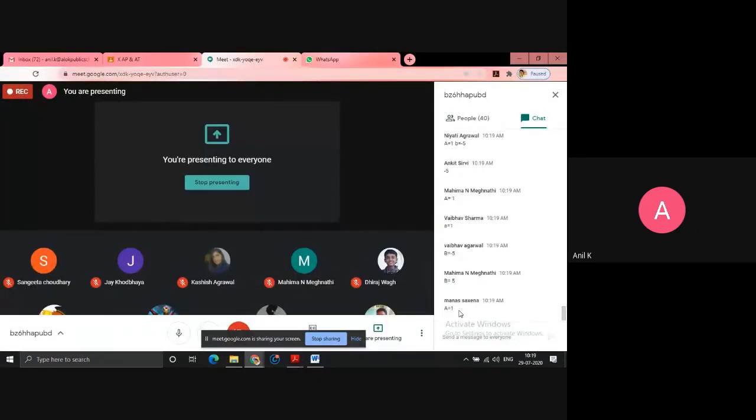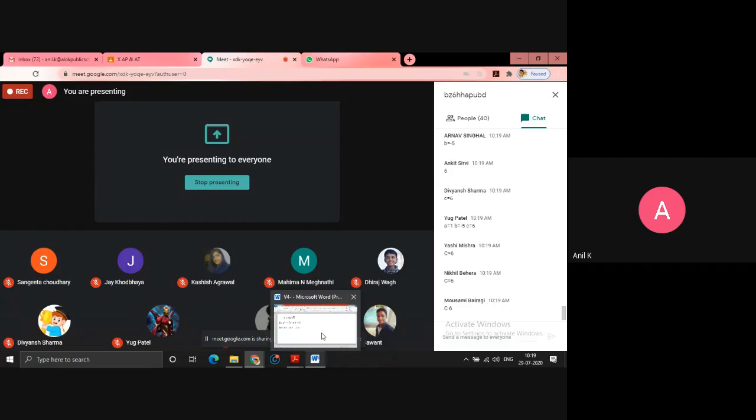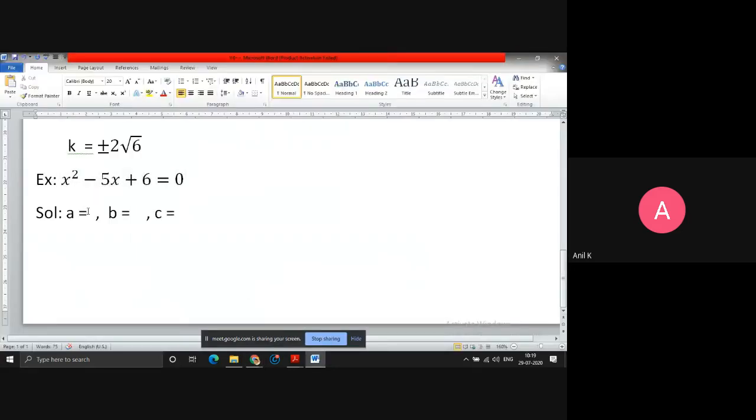A is 1, b is minus 5. What about c value? No one types. Yes, c value is 6. Yes, perfect. So a value is 1, b value is minus 5, and c value is 6.